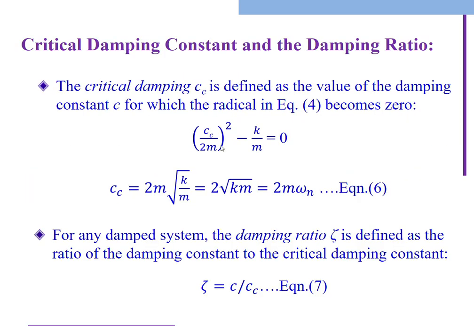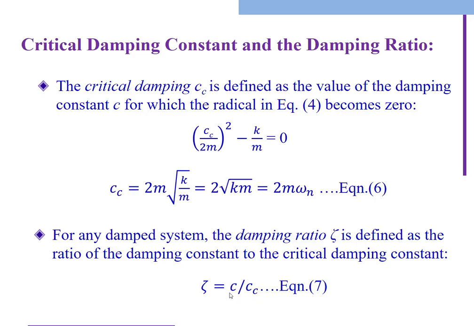After that we have taken the ratio of c to cc. cc is the critical damping, the maximum damping of that particular structure, whereas c is the amount of damping required to diminish the waves, to reduce the amplitude of the waves.